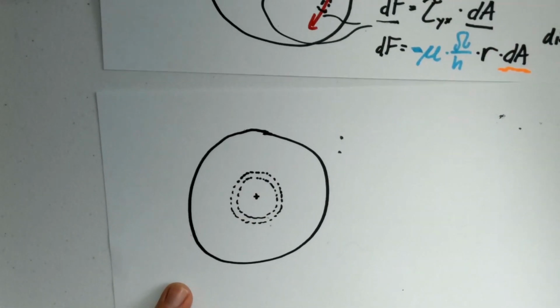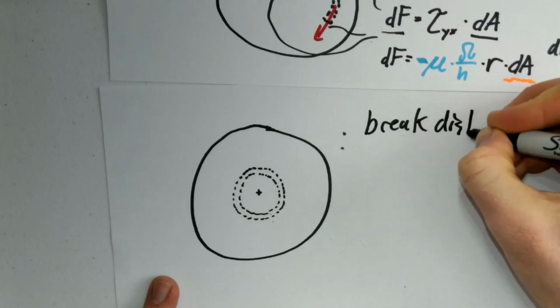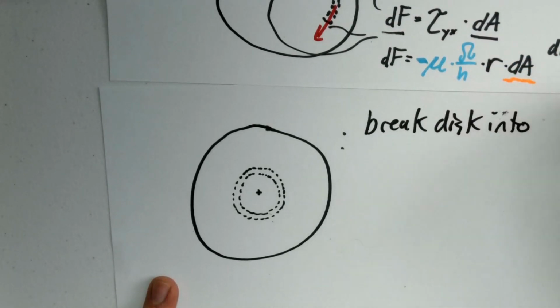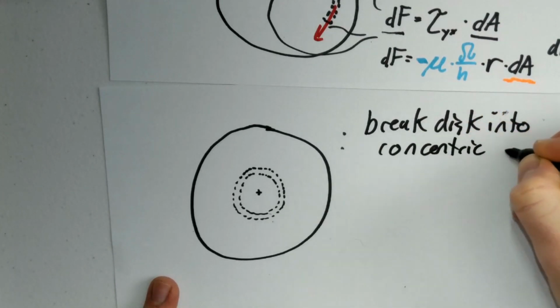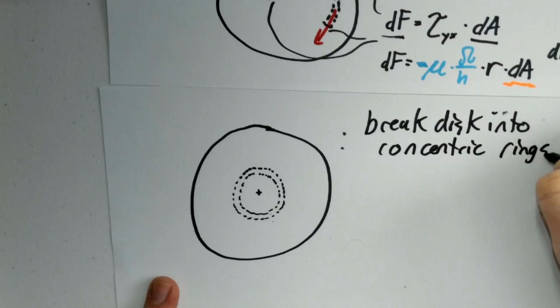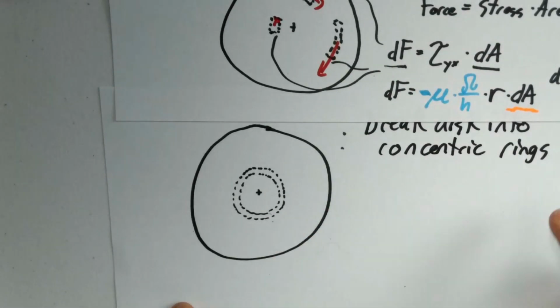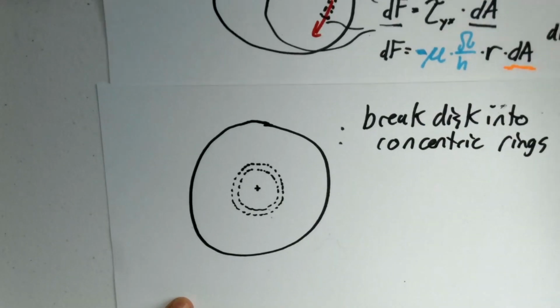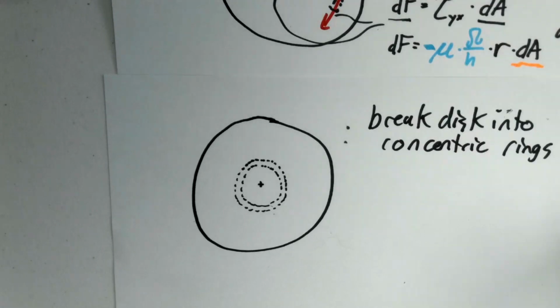So we're going to break up our disk into concentric rings. And this idea of breaking up a whole thing into a bunch of concentric rings isn't going to apply just for this problem. This is going to be a strategy that we use over and over in the context of this class.